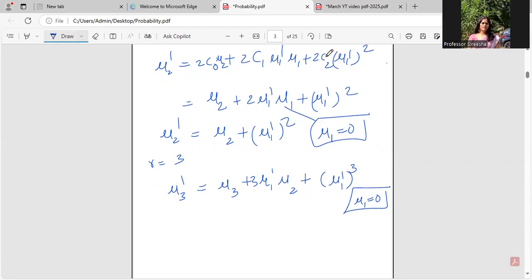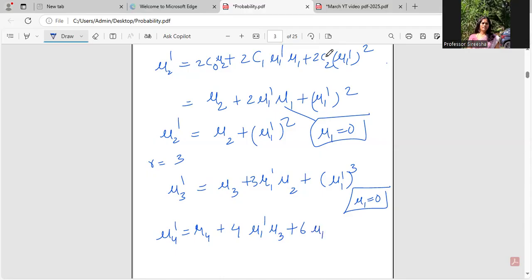Second moment is nothing but variance, which we have seen anyways. Okay. Similarly, mu4 prime also I'll be having. You can just simplify. 4C0 would be 1, mu4, plus 4C1 would be 4, mu1 prime, mu3. Again, you can check the suffixes: for 4, all the suffixes sum to 4. Okay. So 6, 4, 6, 4, like that only it will come now.